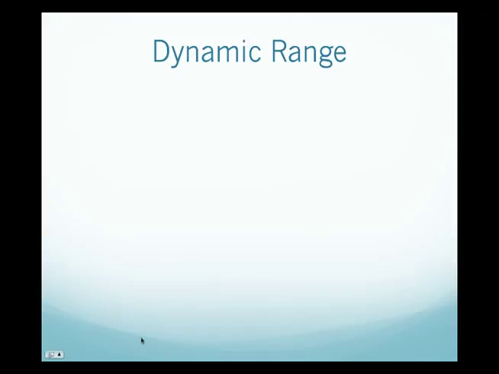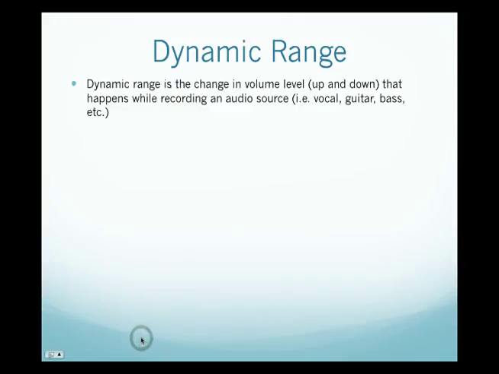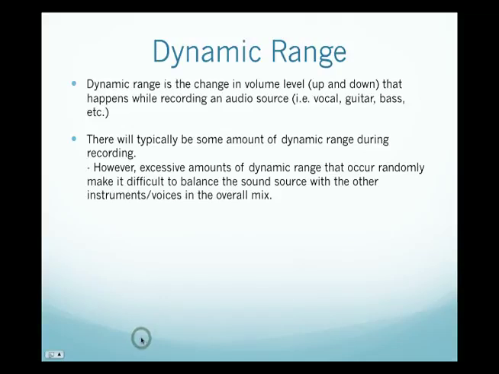And that bouncing up and down of the waveform is something known as dynamic range, which is the change in volume. Okay, the change in volume up and down that happens while recording an audio source. So if we're recording vocals, or guitar or bass, there's going to be, in a lot of cases, a change where it might be louder sometimes, it might be softer sometimes.